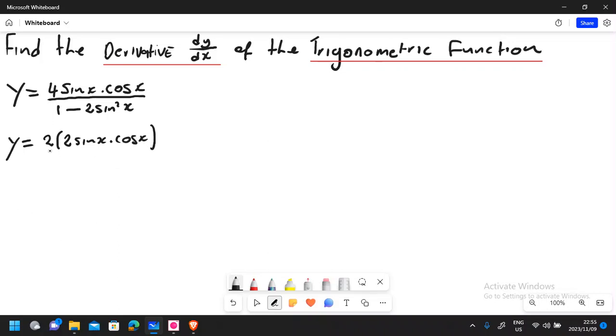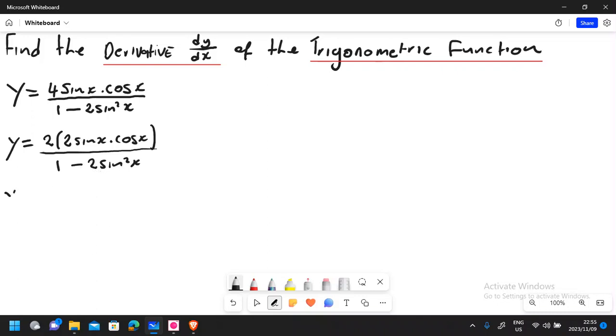The reason we simplify it like this is that what is inside the bracket is a double angle. The denominator is also a double angle. The numerator we just manipulate so that it gives us a double angle. If you still remember, this is the double angle for sine, and the one at the bottom, the denominator, is the double angle for cos.